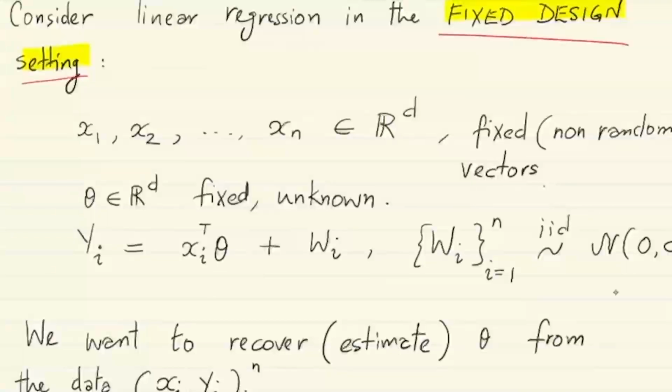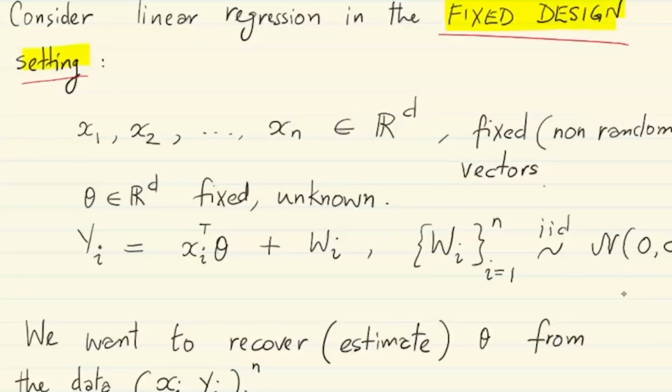Okay, so what is the fixed design setting? You have n d-dimensional vectors x1, x2 up to xn. These are fixed or non-random vectors, also called your design. These are essentially vectors that represent your choice, the experimenter or data collector's choice of directions to measure upfront. So the design vectors x1 through xn are fixed upfront.